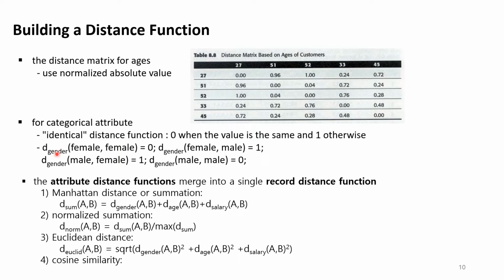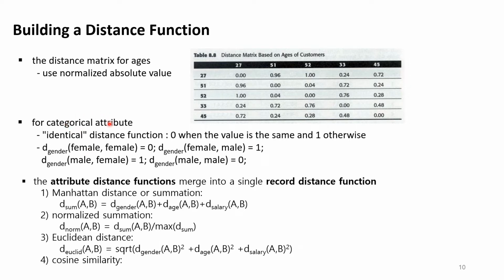So the distance between female and female is the same, distance is 0, and the distance between male and female is 1. So this is the identical function: if the value is the same, distance is 0; if the value is different, distance is 1. It's very simple. We're going to use the identity function to compute the distance in categorical attributes.